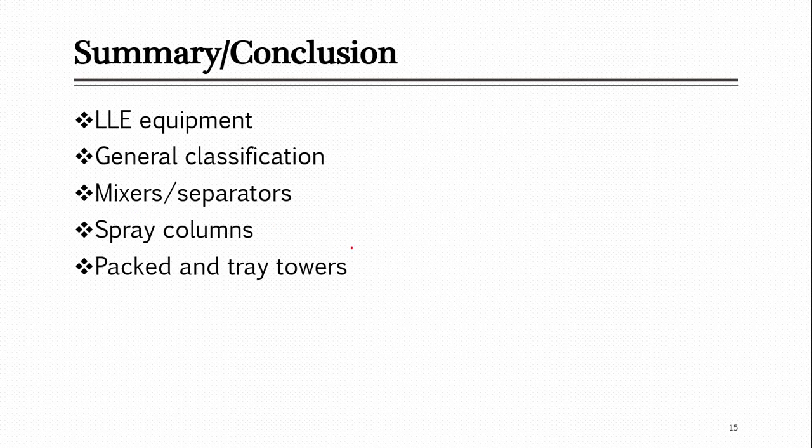These are examples of static devices in which liquids come in contact with each other. They move in countercurrent direction, and finally their contact takes place and they get separated. When we started from spray and kept moving towards packed and tray towers, we said that their efficiency improved, but still they all face some kind of issues.